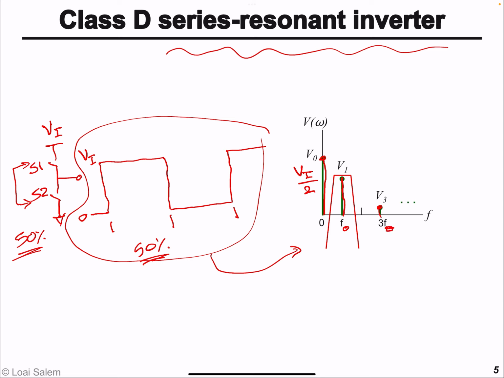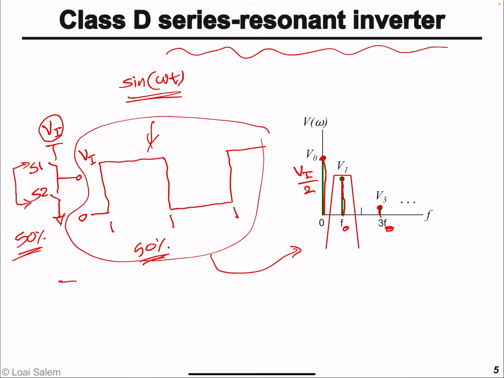If we want to convert the DC to a sinusoidal AC voltage at a specific frequency, then we need to filter this generated square voltage.